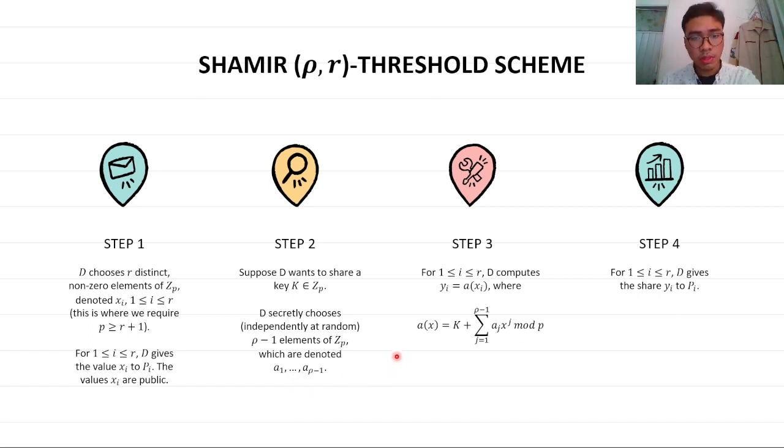The next step is they compute y sub i, which is equal to a evaluated at x sub i, where the function a is equal to k plus the sum of a sub g x to the power g, from 1 until rho minus 1, modulo p. And in the last step, they give the share y sub i to P sub i.